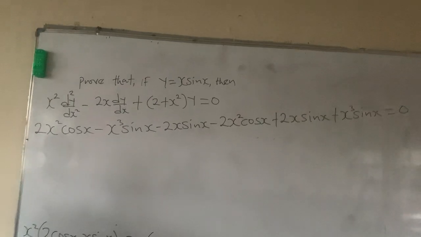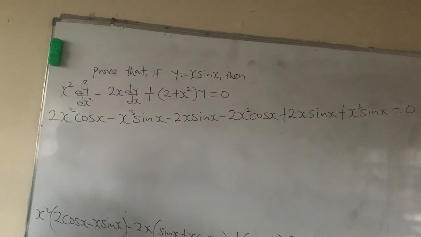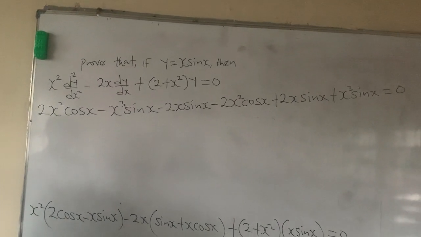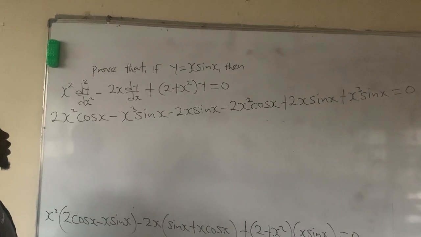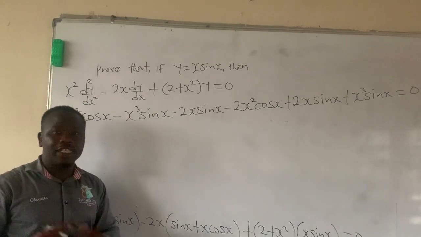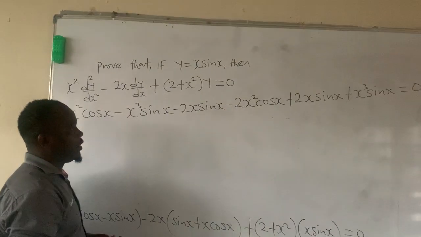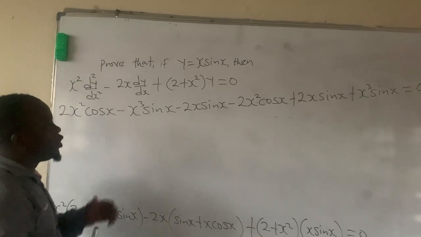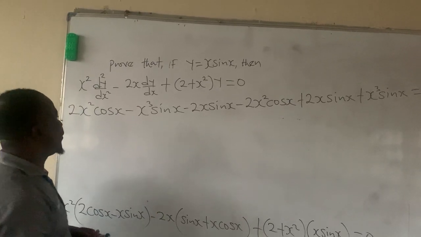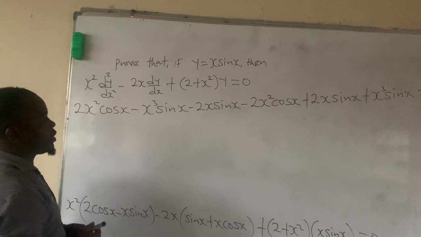So at this point, we collect like terms. I'm going to break it down, let me not just go straight so that you will understand it better. Is that clear? Okay, let's collect like terms.